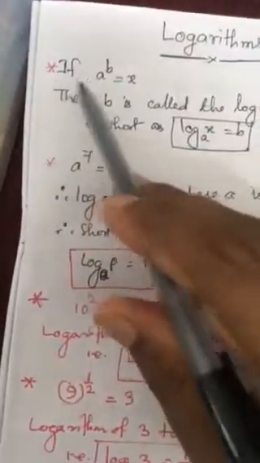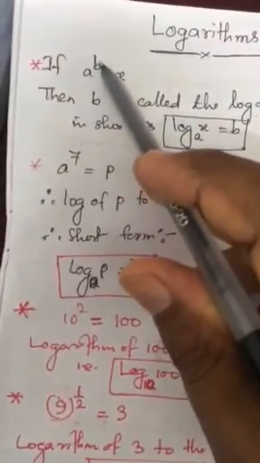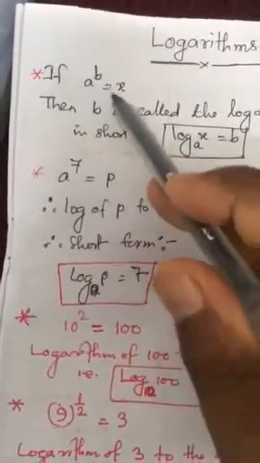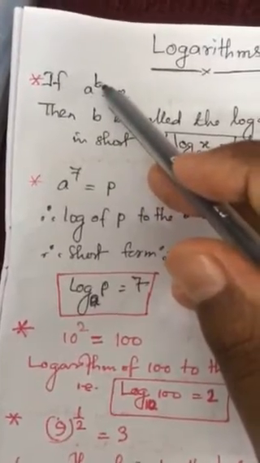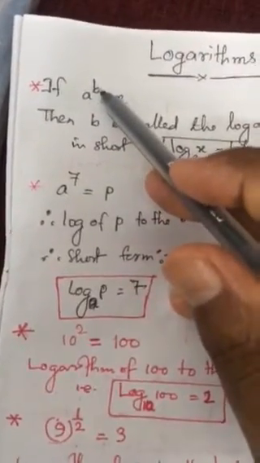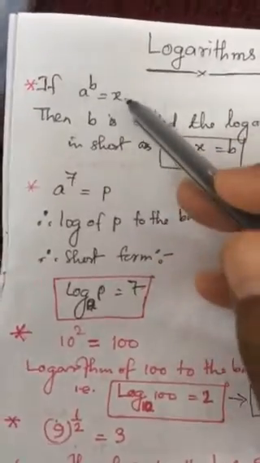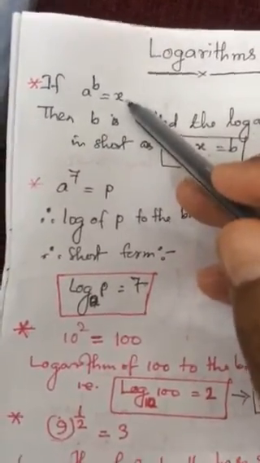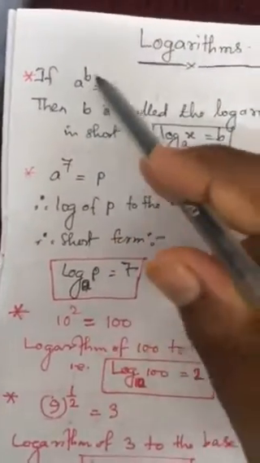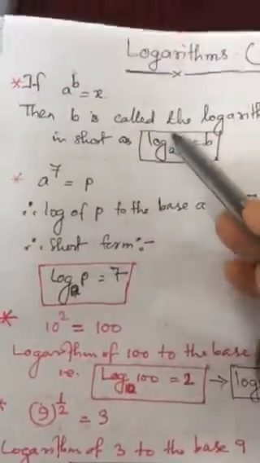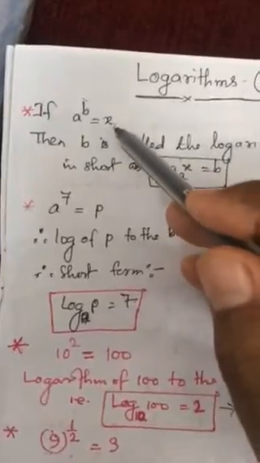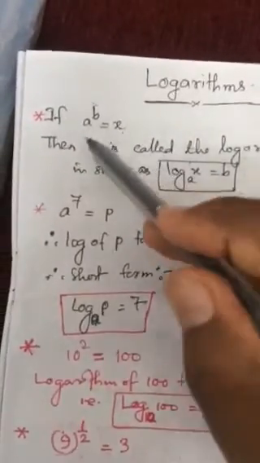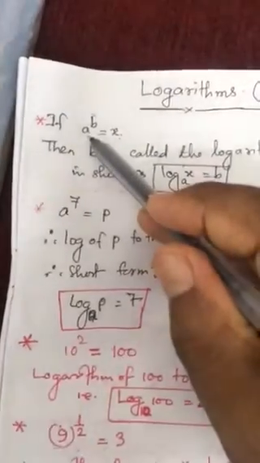Okay. If a to the power b is equal to x, then this b is called the logarithm of x to the base a.